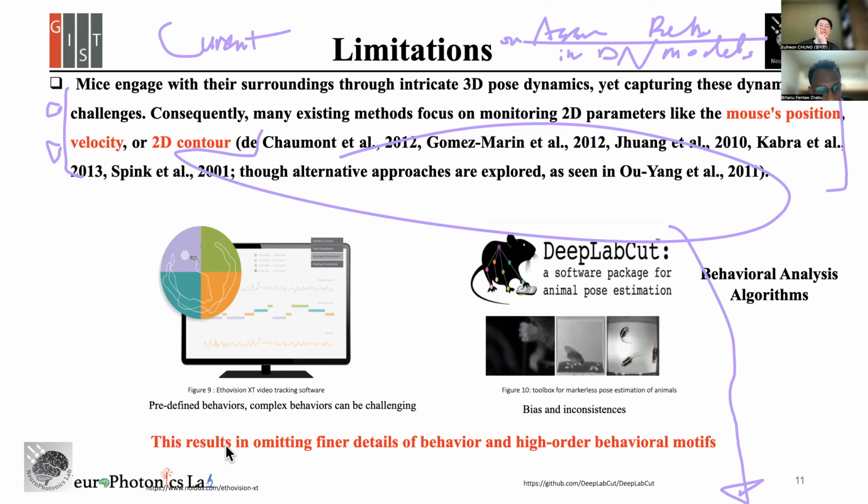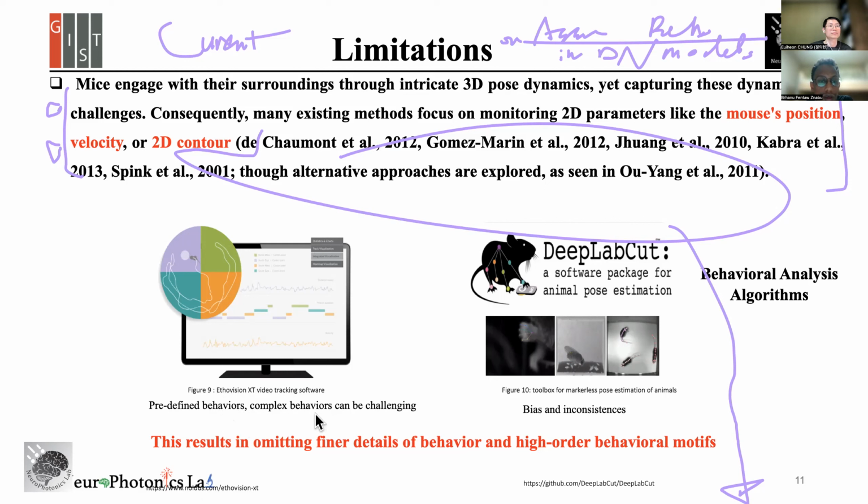This one, figure 9, Ethovision video tracking software. The previous slides have used this software. They have predefined behaviors. I see, so that's a limitation. Complex behaviors can be challenging here. And then you want to say, okay, Ethovision, this is video tracking, and this is only 2D, right?